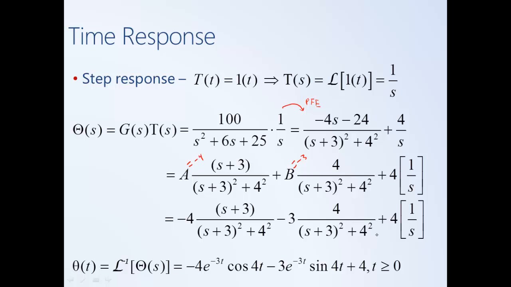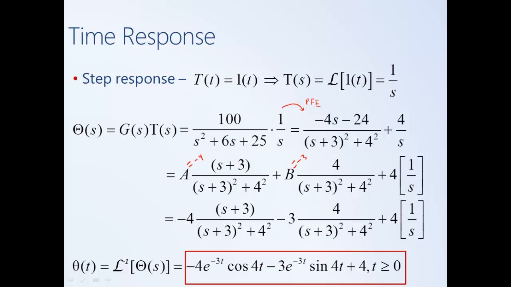Here we have a sine with a frequency of 4 and also a decaying exponential of e to the -3t, constant of -3 out front. This is 4 times a unit step, which we could represent as 4 times the function 1 of t. But since we make the presumption that our function doesn't start until time greater than or equal to 0, we can also just represent it as a constant 4.